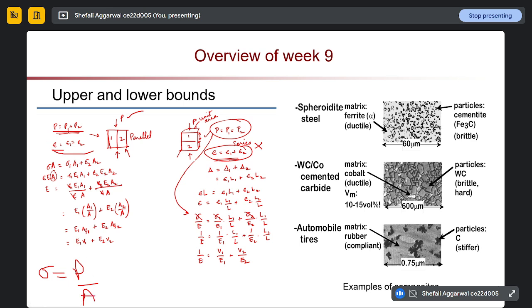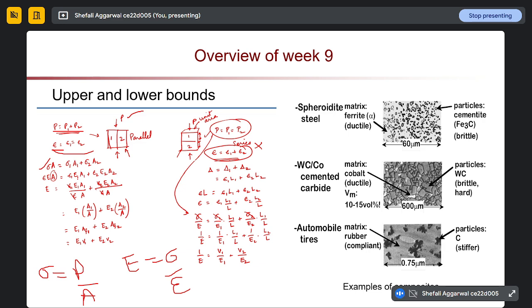So from P is equal to P1 plus P2, we can write P is equal to sigma into A. So sigma into A of the composite is equal to sigma 1 A1 plus sigma 2 A2. Solving these two equations, next we know that the E modulus is equal to stress upon strain, so in the same way we will convert stress to strain.